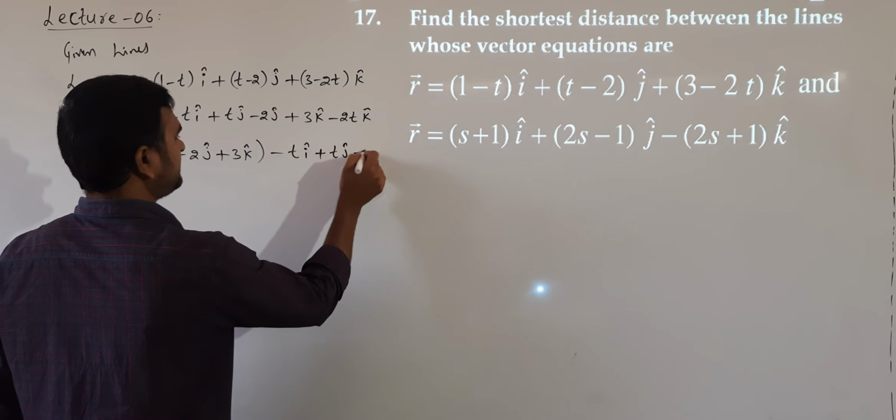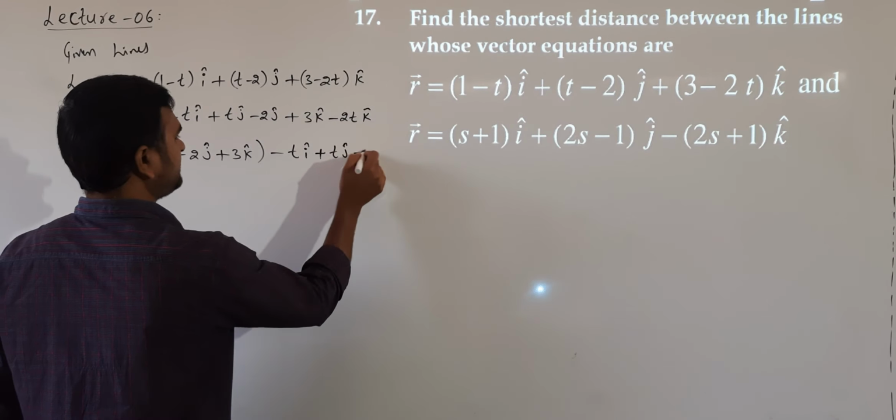So the given lines are of the form: L1 is r bar equal to a1 bar plus lambda b1 bar, and L2 is r bar equal to a2 bar plus mu b2 bar. Instead of lambda here I will take t, and in place of mu I can write s.